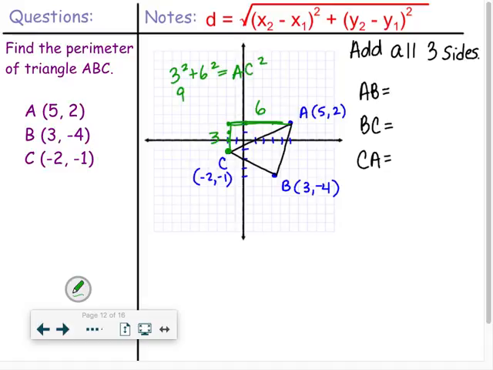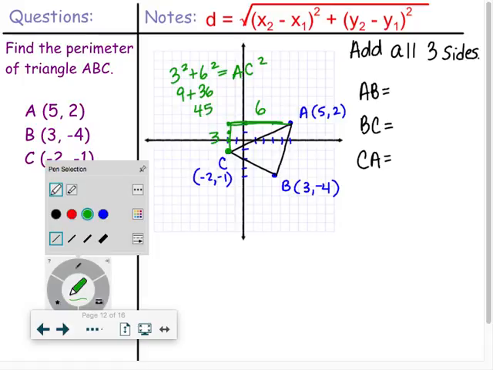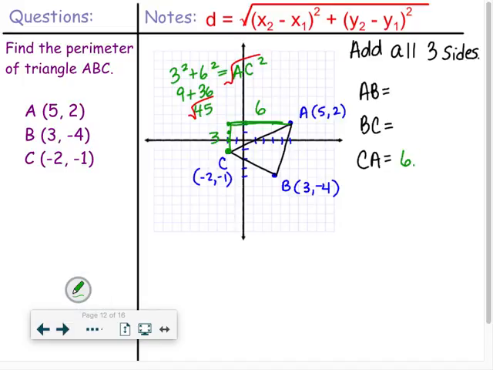So 3 squared is 9, 6 squared is 36. If I add those together, I get 45, and that's AC squared. So then I would have to do the square root. So the square root of 45 is about 6.7. So this one is about 6.7.